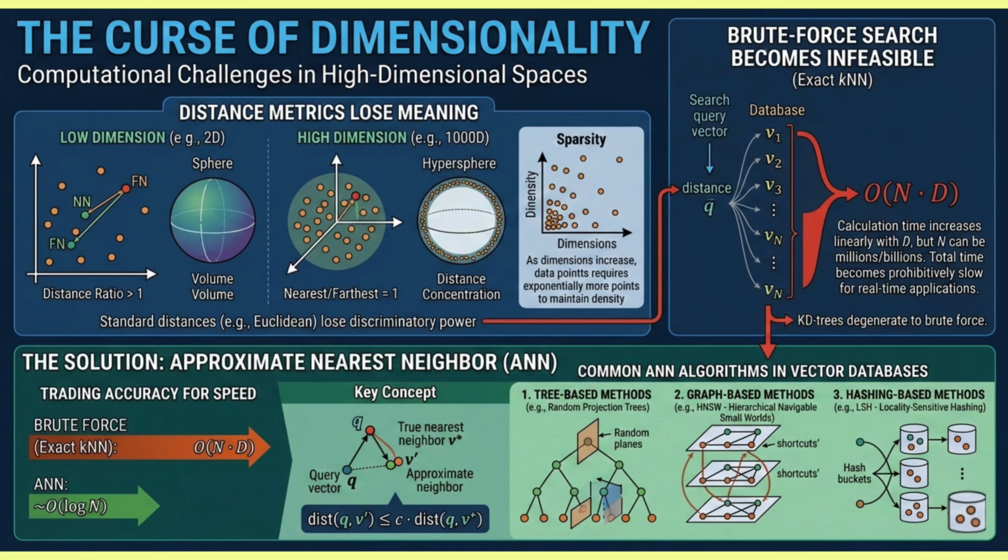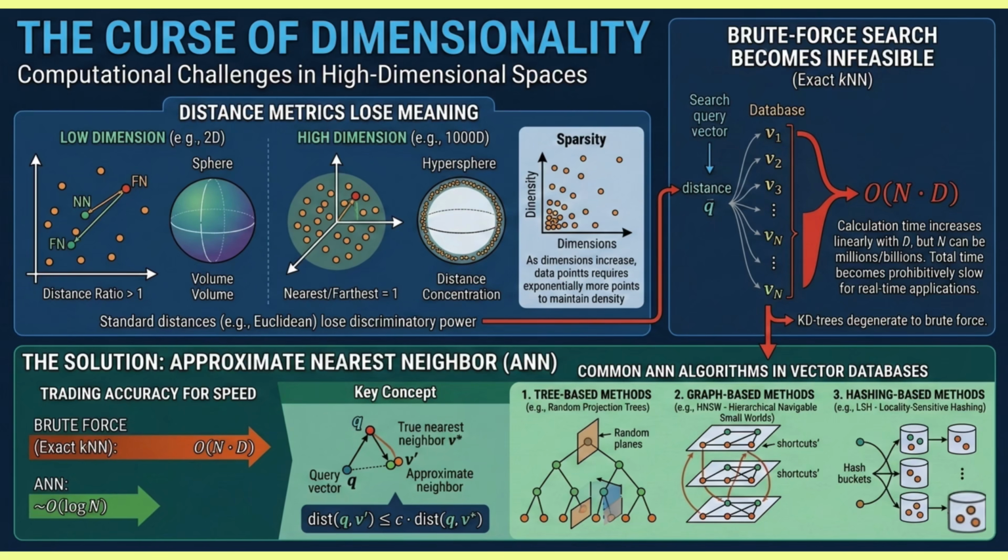However, as the number of dimensions increases, the ratio between the distance to the nearest neighbor and the distance to the farthest neighbor approaches 1. In other words, almost all data points become equidistant from a given query point. Imagine a sphere used for neighbor searching.